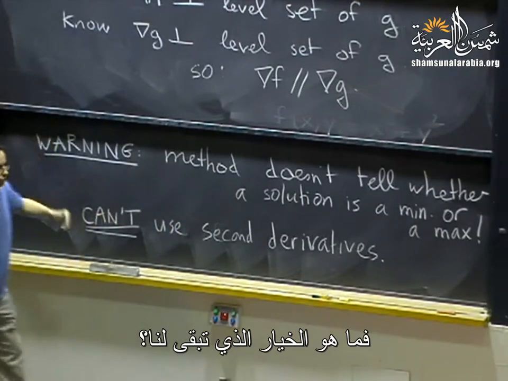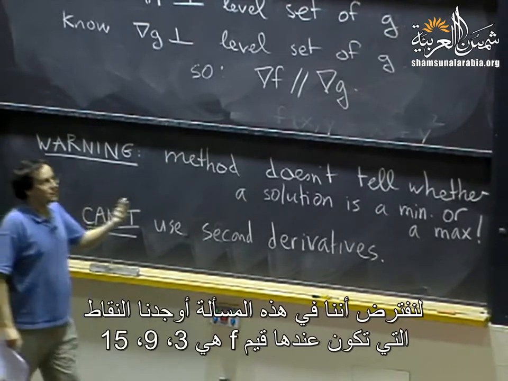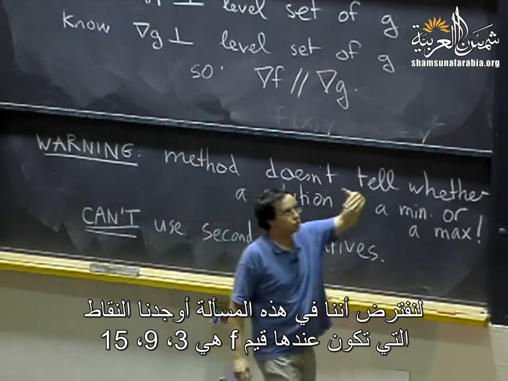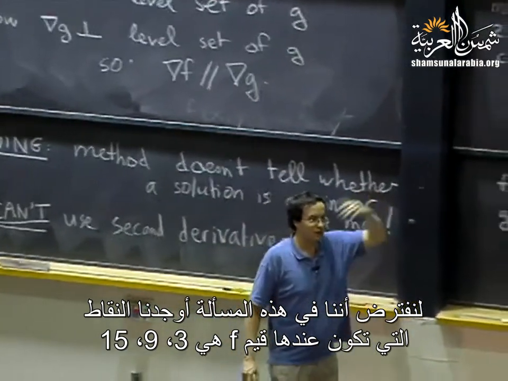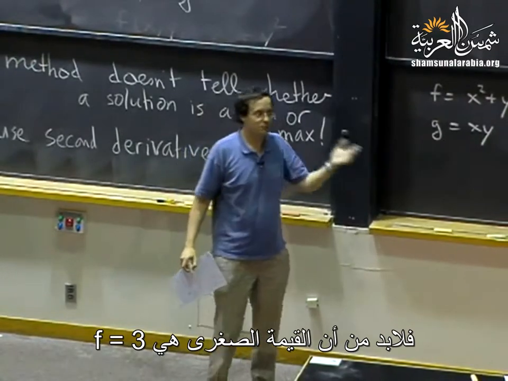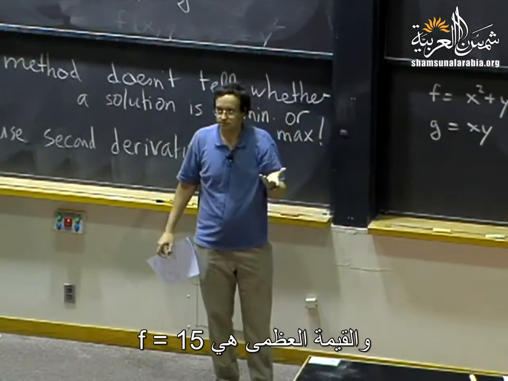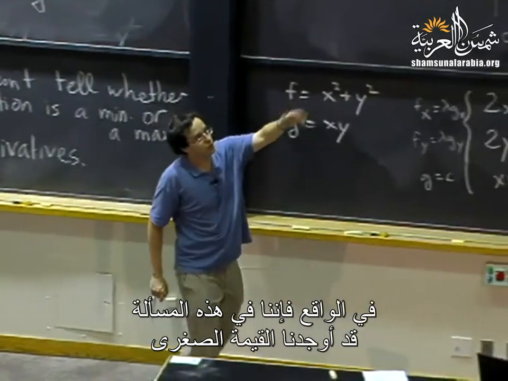So what are we left with? We're just left with comparing values. Say that in this problem you found a point where f equals 3, a point where f equals 9, a point where f equals 15. Then probably the minimum is the point where f equals 3, and the maximum is 15.